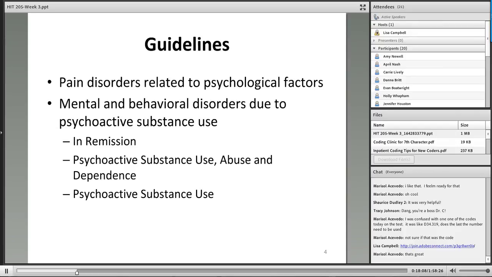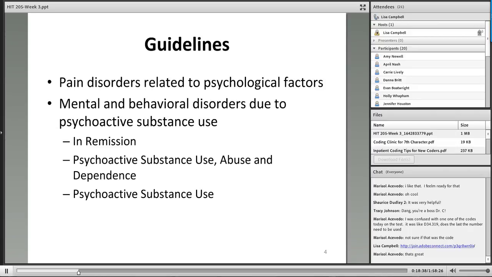We, as health information management professionals, RHIAs, RHITs, coders, CCAs, we learn our coding rules and our guidelines, and we have to apply those guidelines to the physician's documentation. So here, the guidelines are telling us that it requires the provider's clinical judgment as it relates to whether or not the patient is in remission.